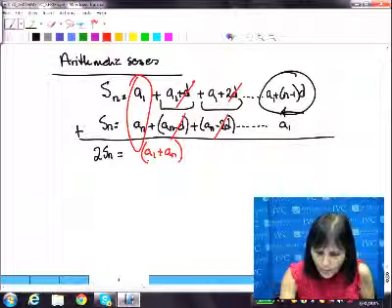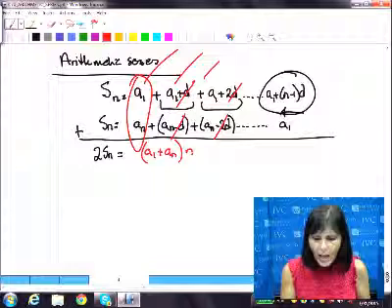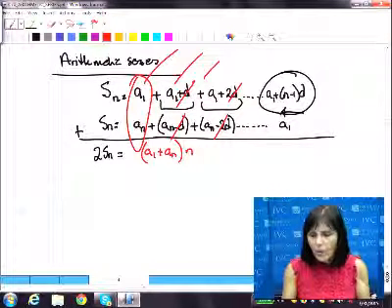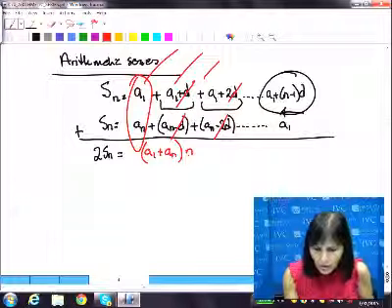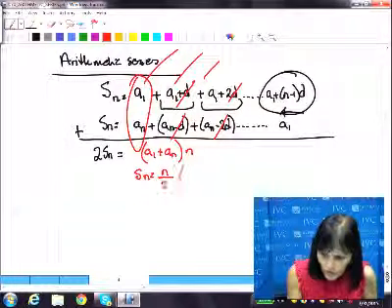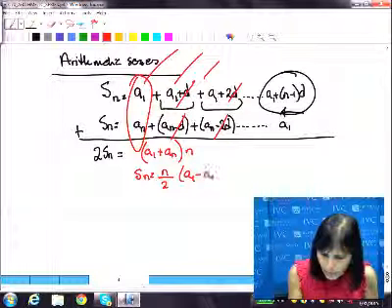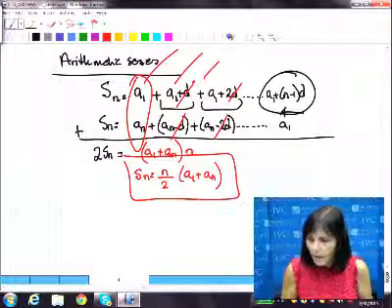But how many of them in these couples? 1, 2, 3, all the way to n. So you're going to have 2Sn equals (a1 plus an) times n. So Sn is n over 2 times (a1 plus an) for an arithmetic sequence. All right?